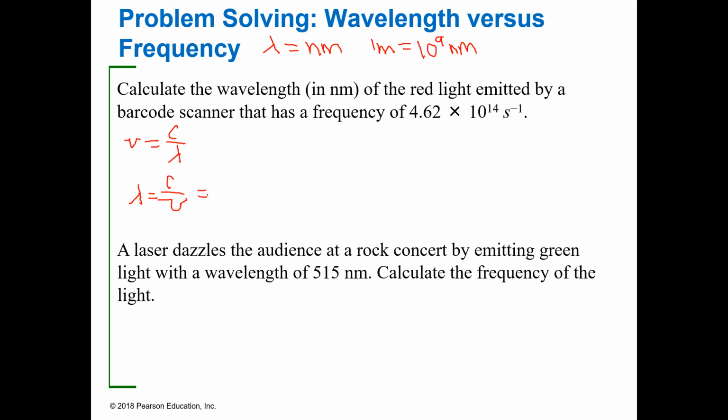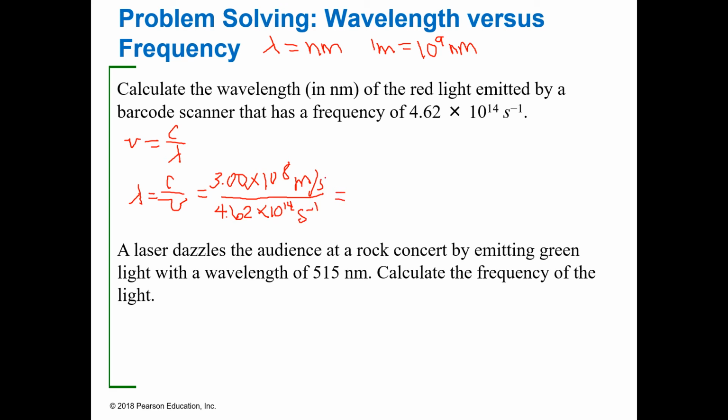So I'm going to go ahead and plug it in. So I have 3.8 times 10 to the 8th meters per second over my frequency, and they give it to us there. So we have 4.62 times 10 to the 14th per second.